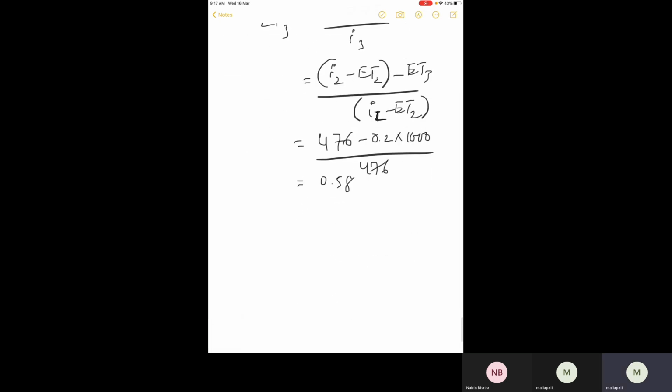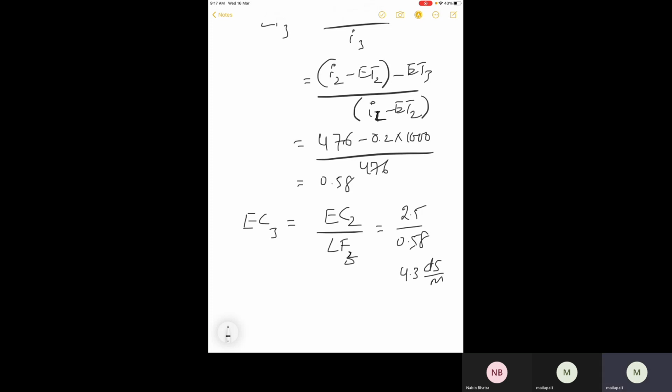Now the corresponding EC3, which is equal to EC2 divided by LF3, sorry. So that will be 2.5 divided by 0.58, and you get 4.3 deci per meter for EC3.